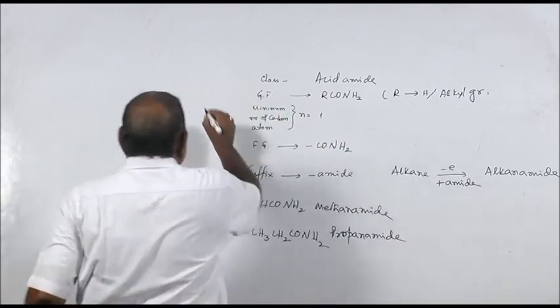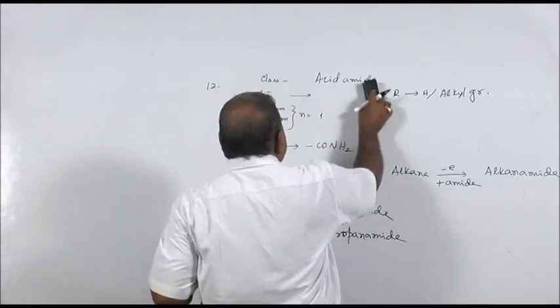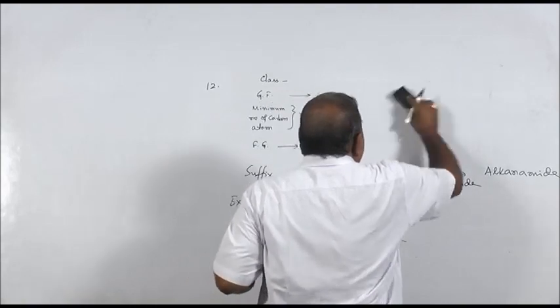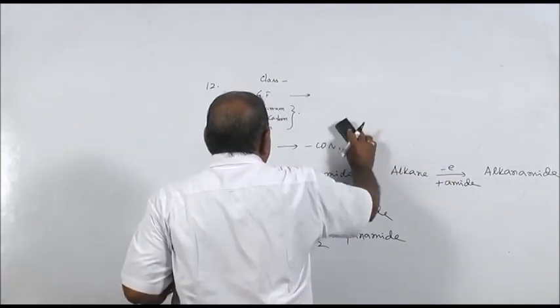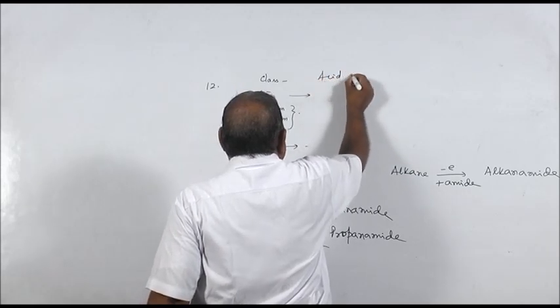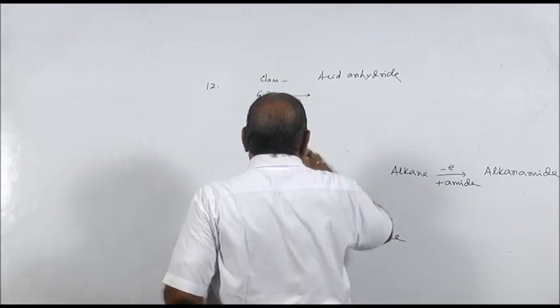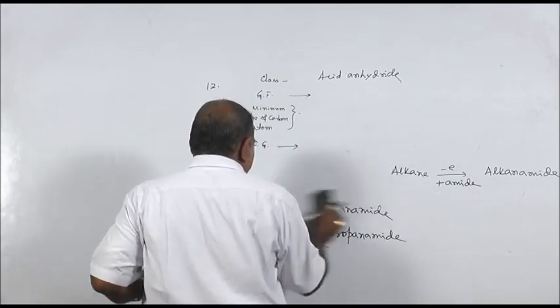The next category is acid anhydride. There are two types of acid anhydride.